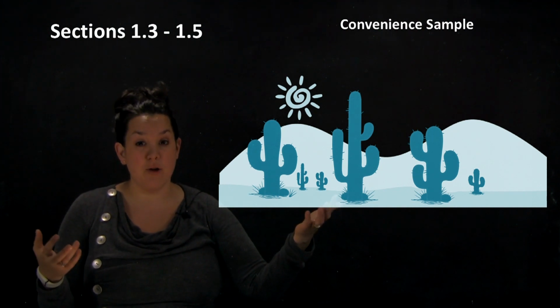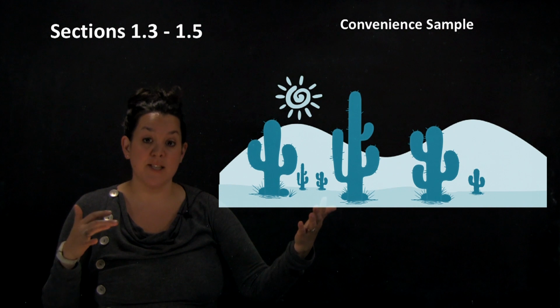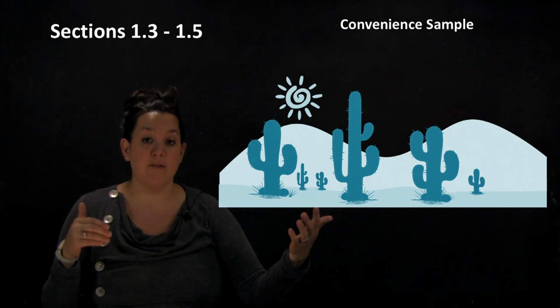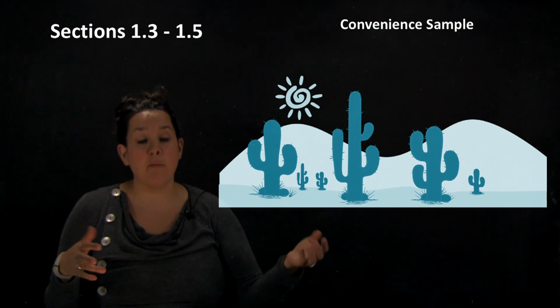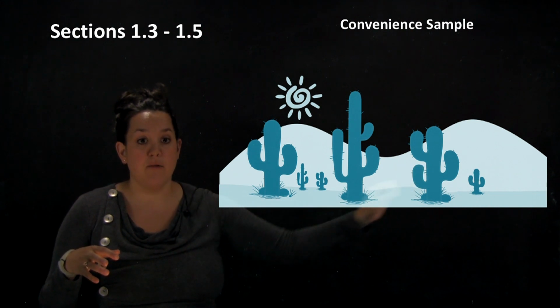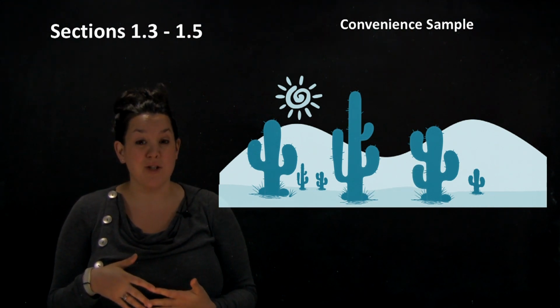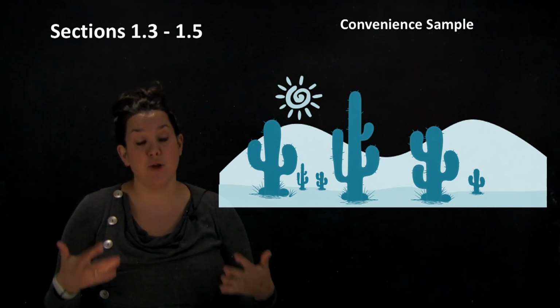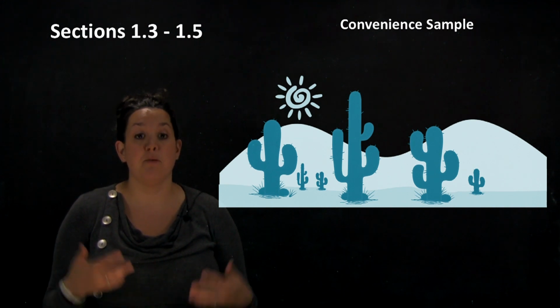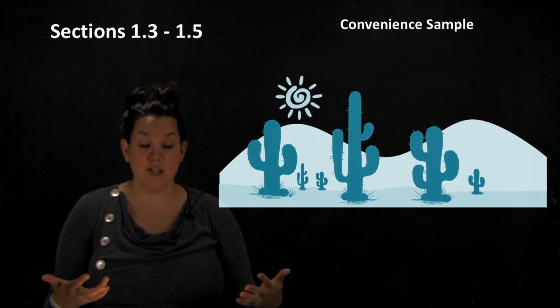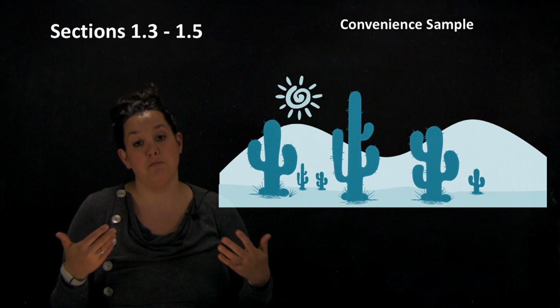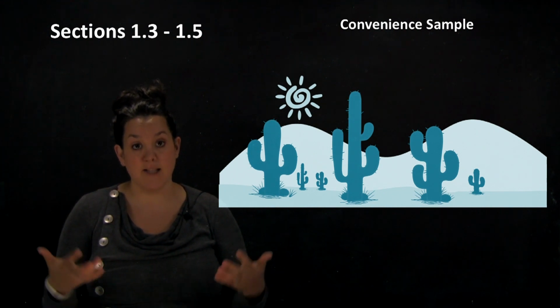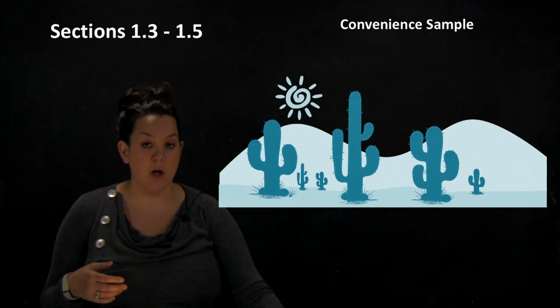So in a desert, there may be areas that are really dense with cacti that I actually can't physically get to. And so I'm going to draw soil samples out of the desert based on the locations that I can actually access. So that would be called a convenience sample because I'm drawing or sampling from that population out of where I can actually access or conveniently get to.